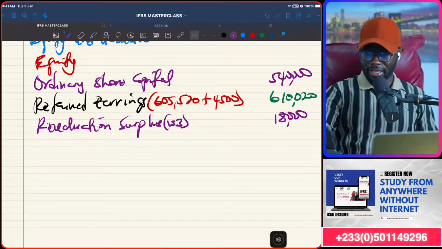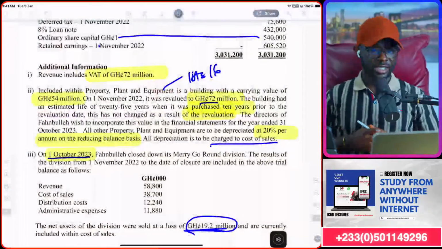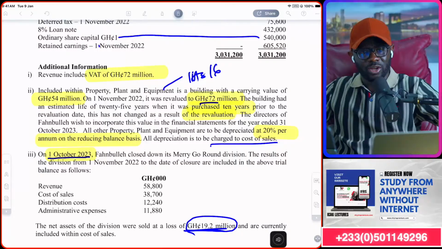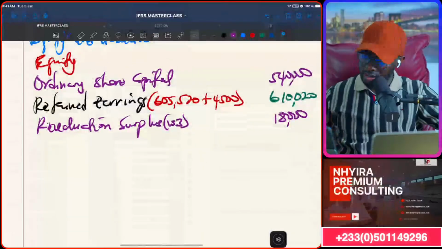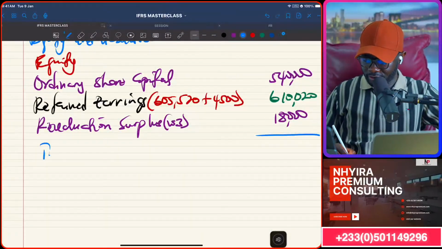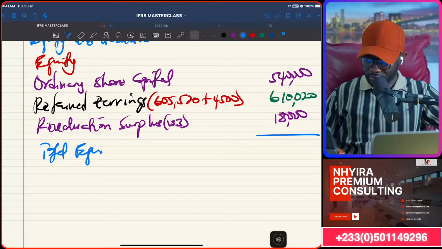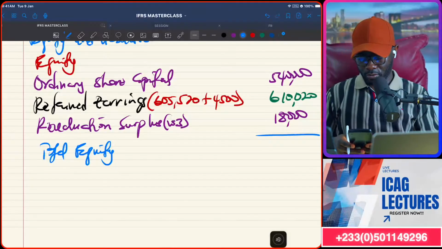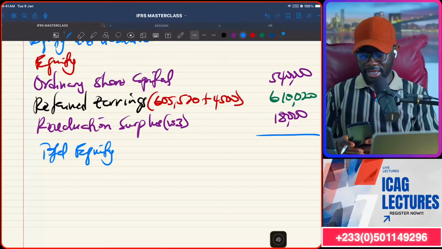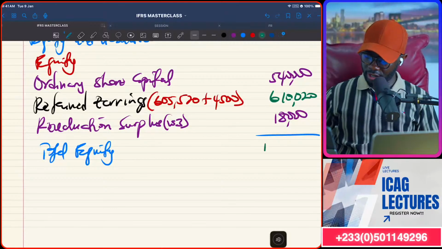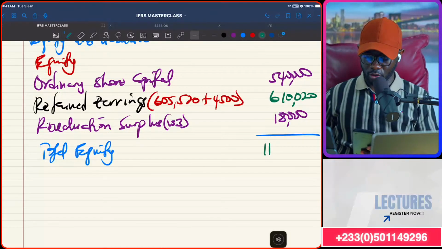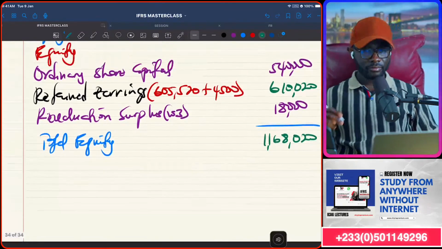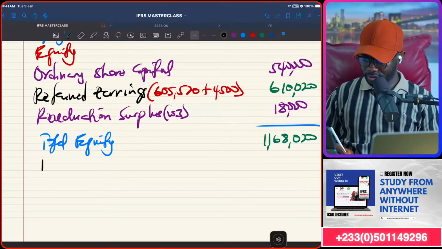There were no other elements of equity, like convertible loan note and others in the context of this question. So we can get total equity here. So 610,020 plus 540,000 plus 18,000. So total equity is 1,168,020.